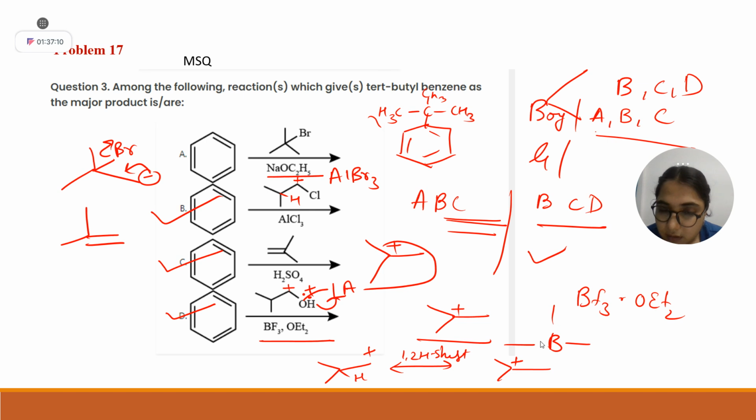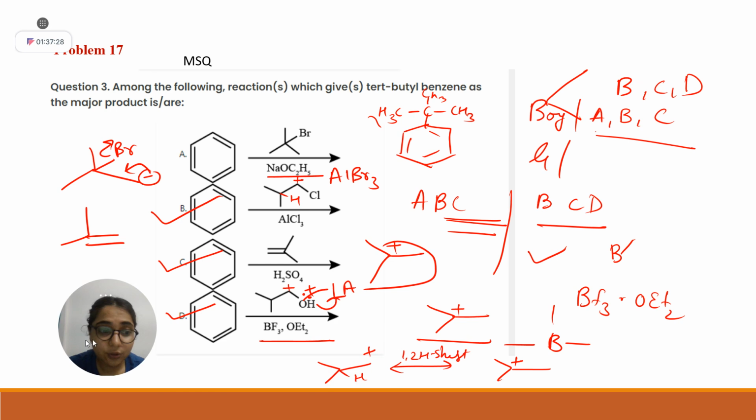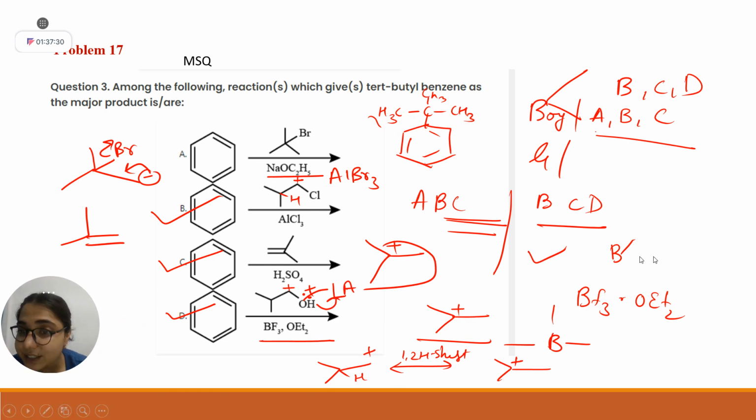Ma'am, but in BF3, fluorine also donates electrons from its d orbital. Listen. I understood your doubt. Should I explain again? Fluorine has no 3d orbital. No, let's say it is donating, but still boron has three bonds only, one, two, three, four, five, six.